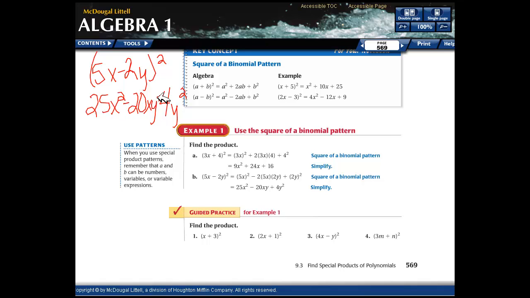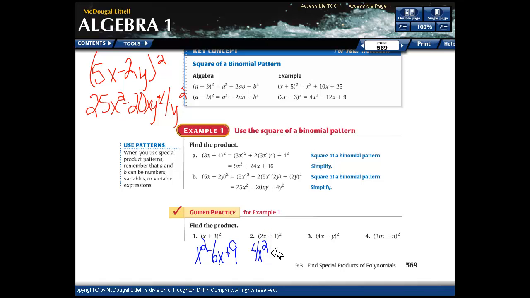All right, using this new pattern, let's do these few at the bottom. Square the first. Multiply these two together, 3x, and then double it, 6x. Square the last. Square the first, 4x squared.